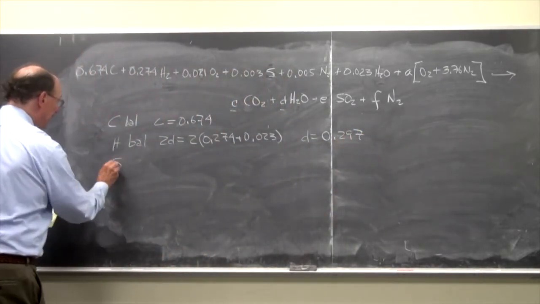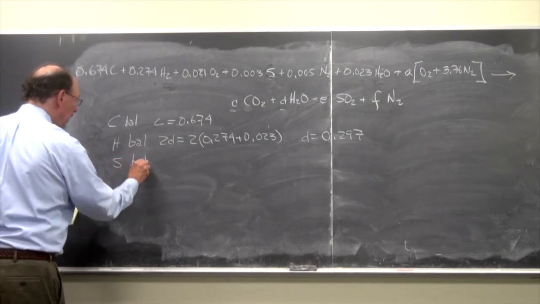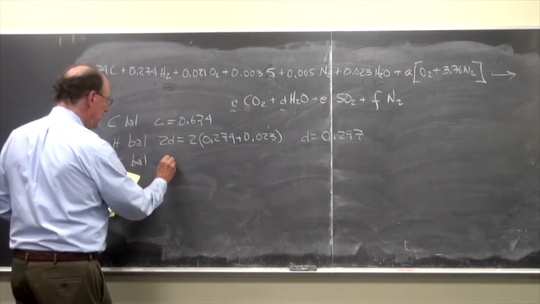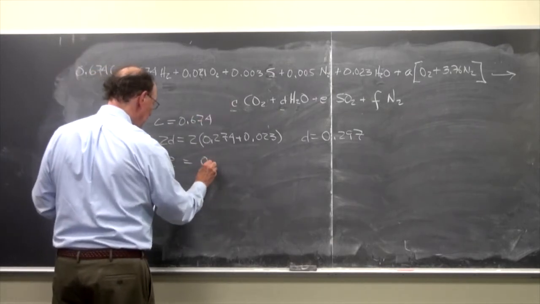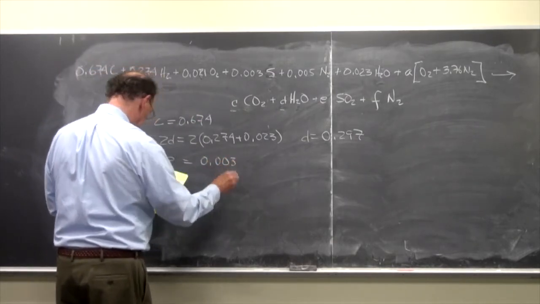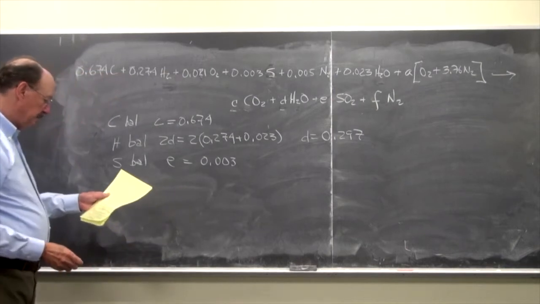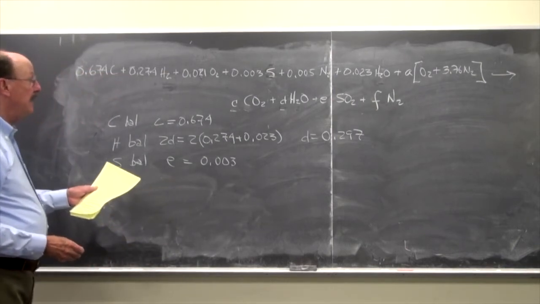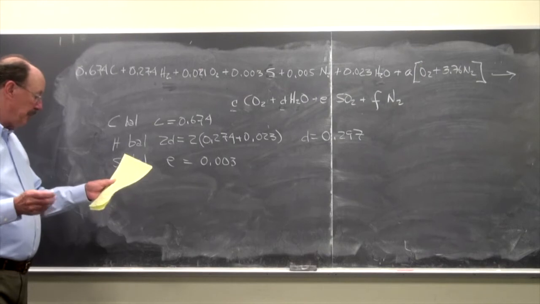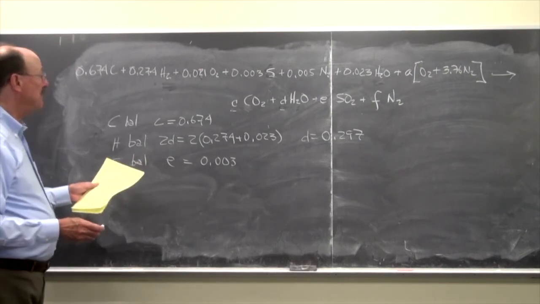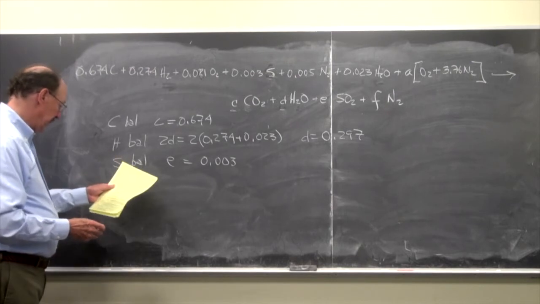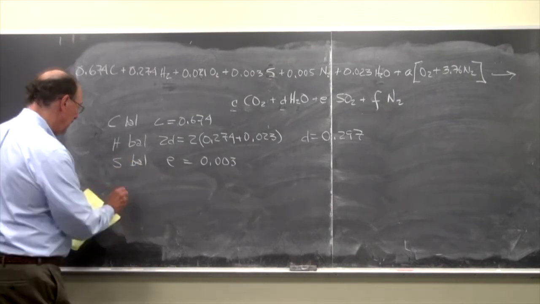And I do the sulfur balance. And again, in this case, E, there's only sulfur here, so it's 0.003. And now we have a slightly tricky situation, because I want to do the oxygen balance.